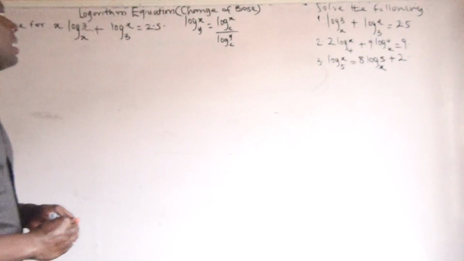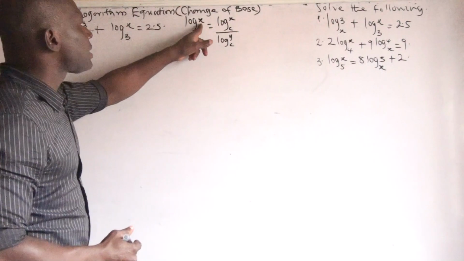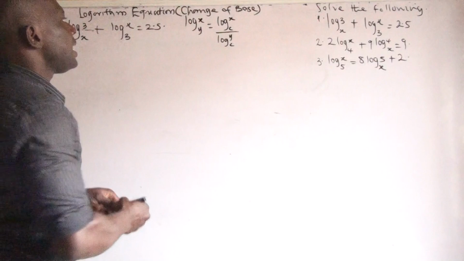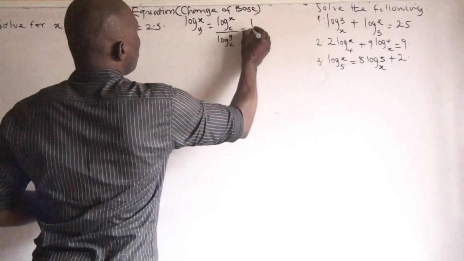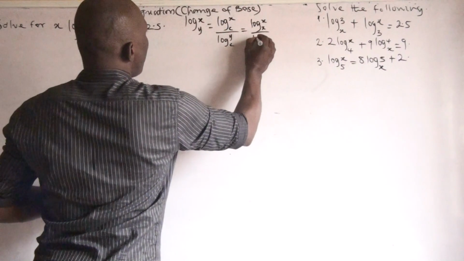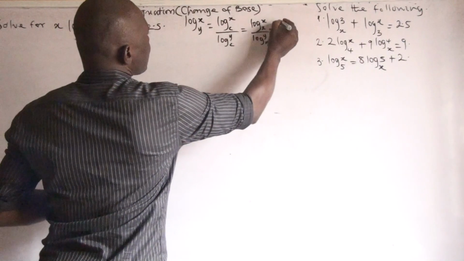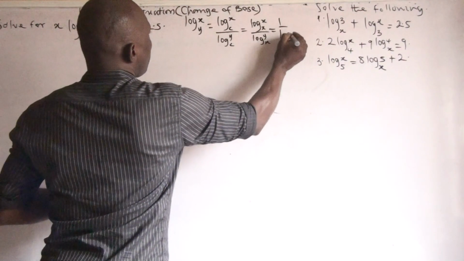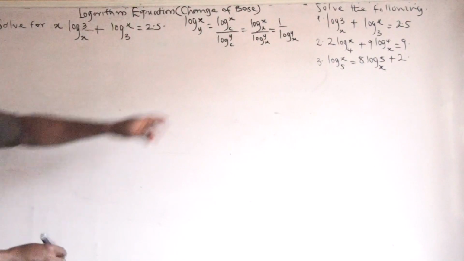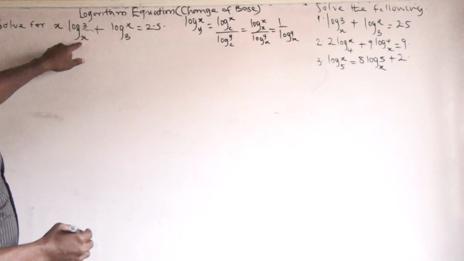For instance, if we replace c with x, this will become log x x all over log y x, and log x x is 1, so it becomes 1 over log y x.